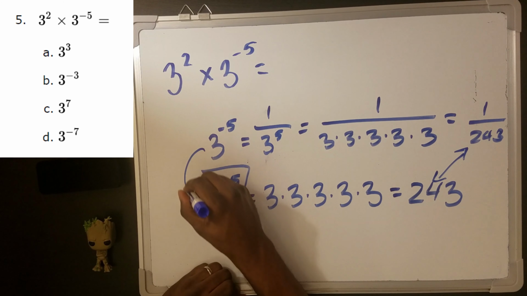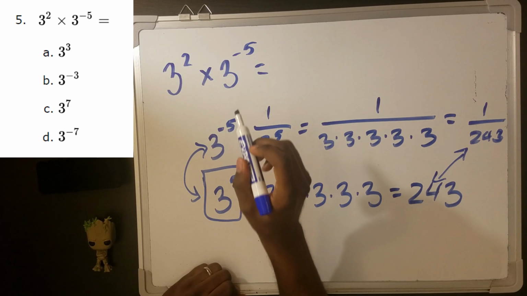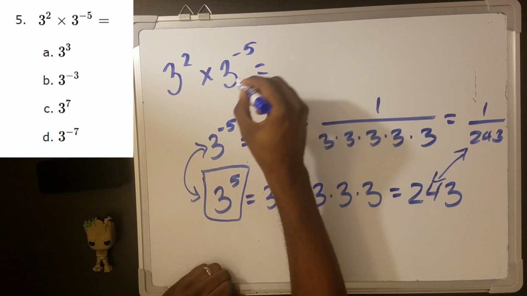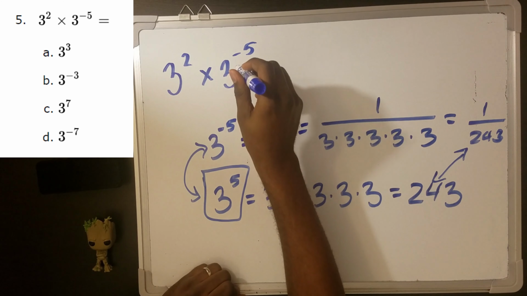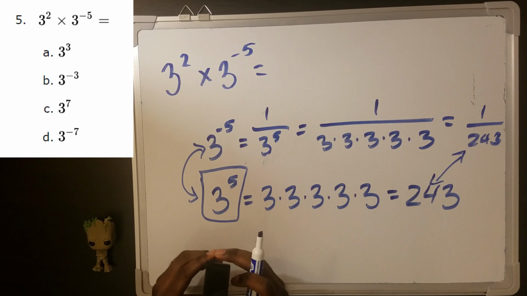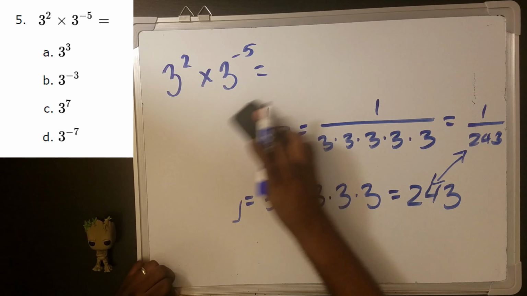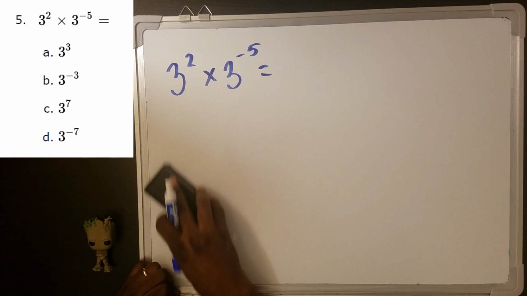Okay? So the negative exponent pretty much means take its positive version and create the reciprocal. That's what that is. So now we use what we know on how to find regular exponents and how to find negative exponents, and we're going to solve this question.